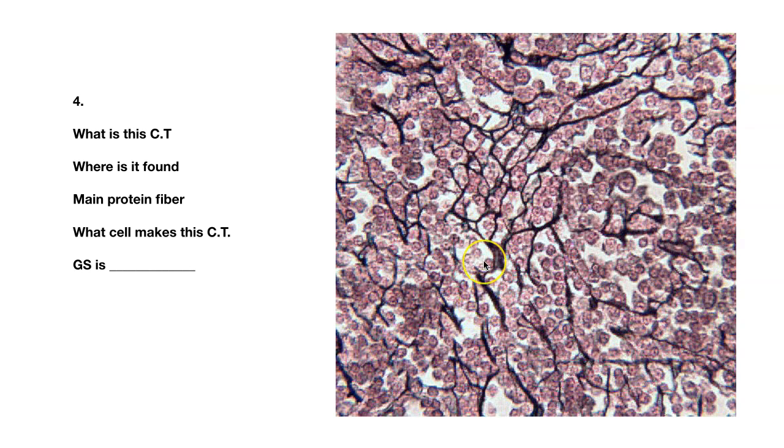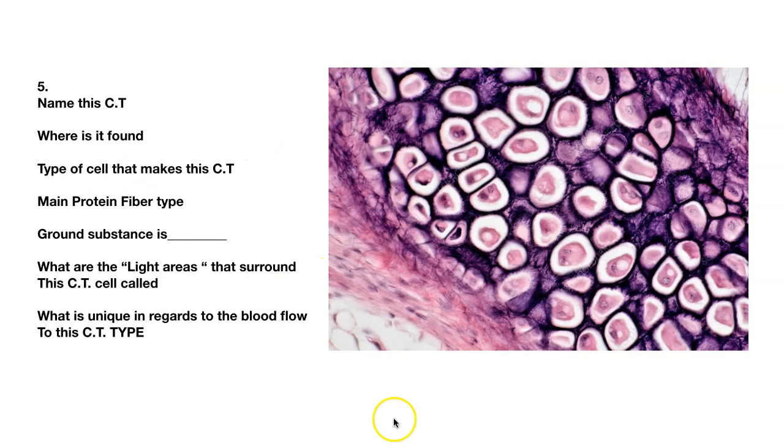The ground substance is what? Remember, reticular connective tissue is a connective tissue proper. This is a loose connective tissue proper, so it's gel-like. Number 5, this connective tissue, what do you see? I see a lacuna right here, lots of lacunae.